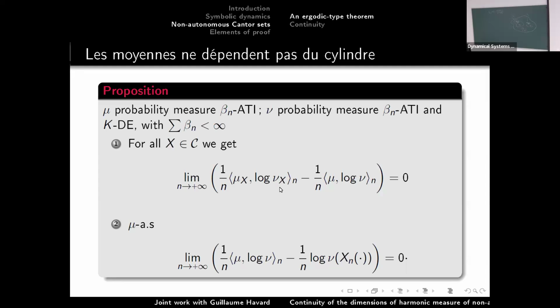The question was what's the meaning of these brackets? As I said before, that's the sum over all x's of the nth generation.